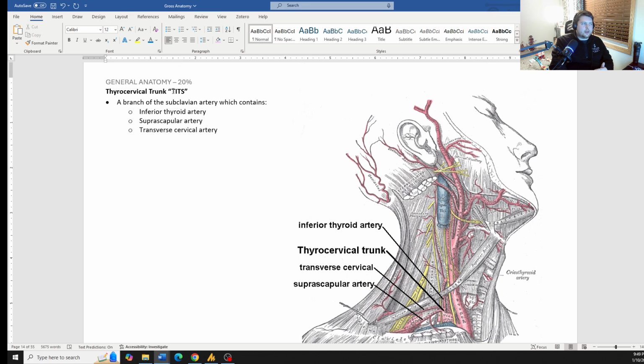The mnemonic we have to remember this is TITS: the thyrocervical trunk, inferior thyroid artery, transverse cervical artery. Let me rearrange those. Transverse cervical artery and the suprascapular artery. Very, very rarely asked. If you're going to spend time memorizing stuff, don't do that here.